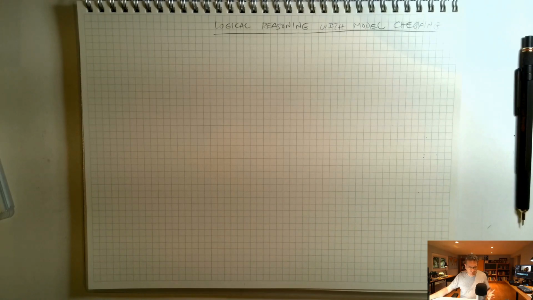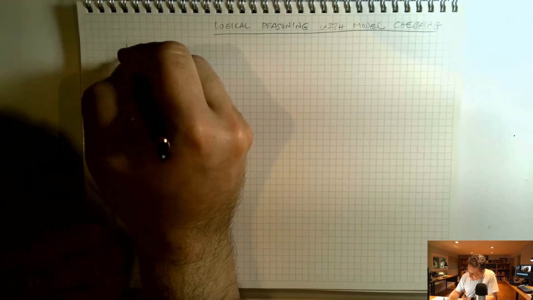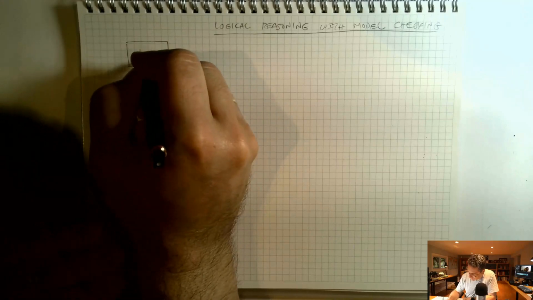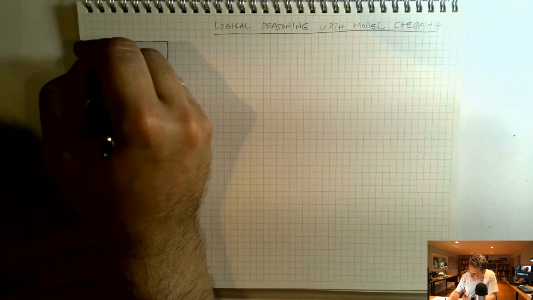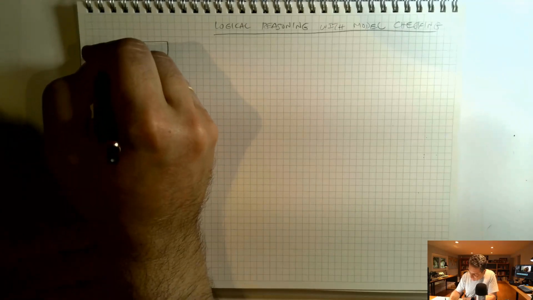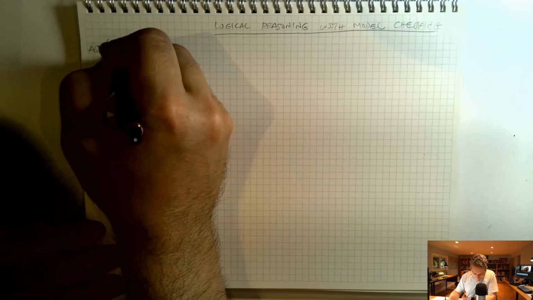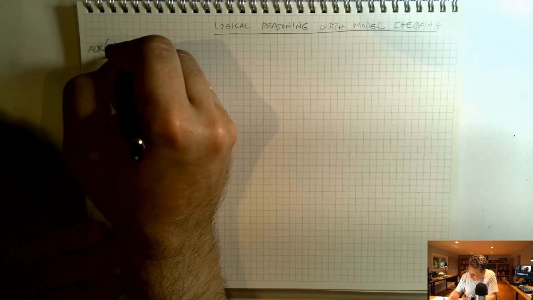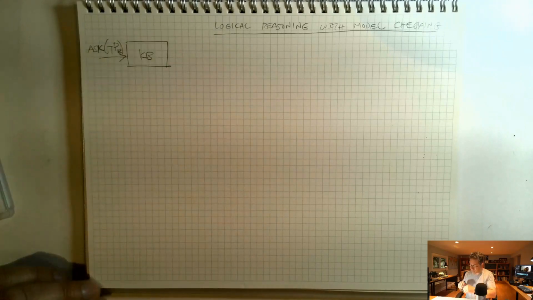Moving to the first one, logical reasoning through model checking, we have a situation where we have the knowledge base and we ask something about P12.